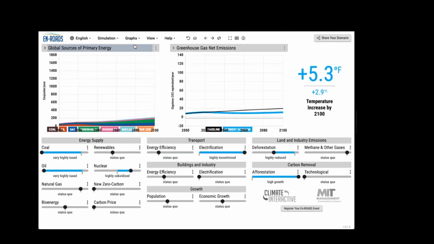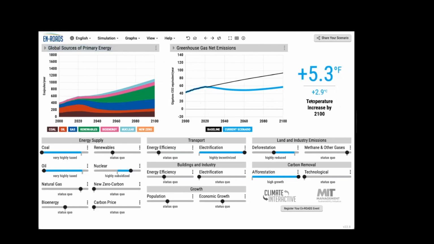So let's go back to the default graphs. Oh, change in population, good. And Bill, I'll come back to methane after population. Oh, you want to see both? Okay, all right. So it would just decrease it by 0.2.